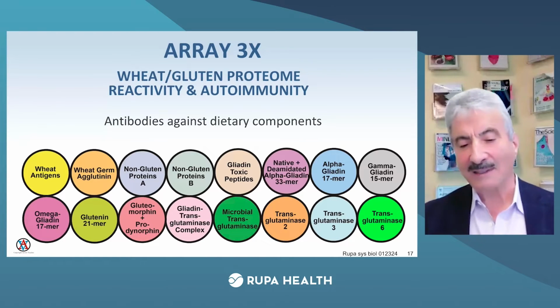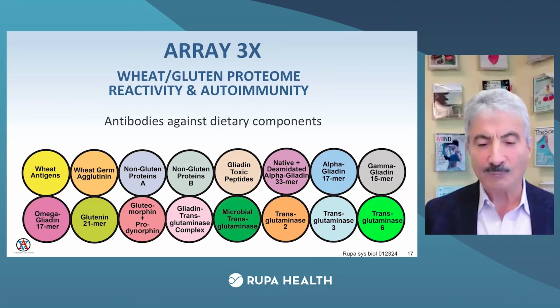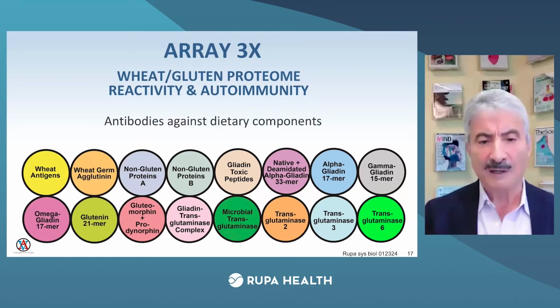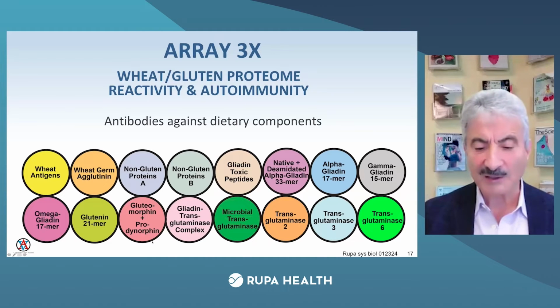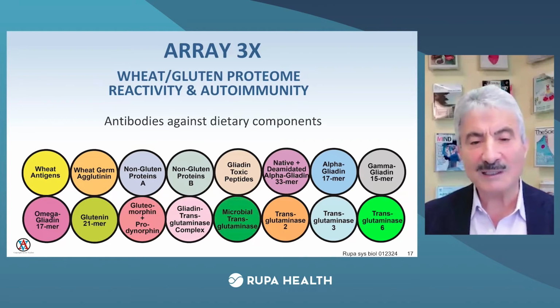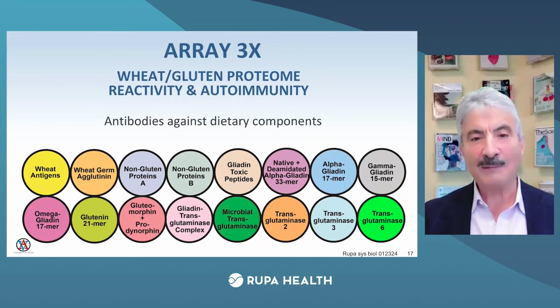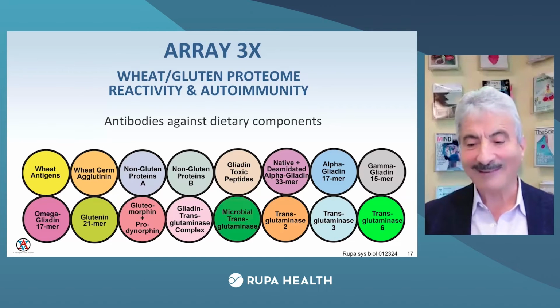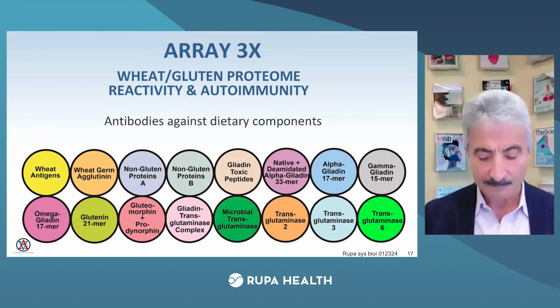By measuring antibodies against these repertoires, we can find whether or not the patient has celiac disease with high accuracy, whether the patient is suffering from non-celiac gluten sensitivity, whether the patient is reacting to meat glue or microbial transglutaminase, whether the patient has autoimmunity against enzymes such as transglutaminases, and whether the patient may suffer from dermatitis herpetiformis, skin autoimmunity, or gluten ataxia, transglutaminase 6.